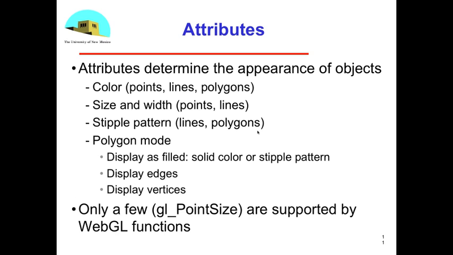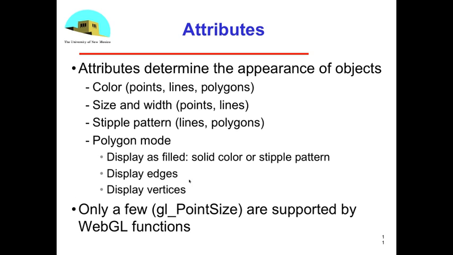Okay, now let's go back and look at attributes, and I mostly want to look at color, but other attributes too. Let's start with this. The traditional definition of an attribute is anything that determines the appearance of an object. So it's color, how wide the line is you draw, if you're drawing the borders of a polygon, what kind of pattern do you use, or if you go inside and fill it, do you fill it with a solid color, or with a pattern that's called a stipple pattern?